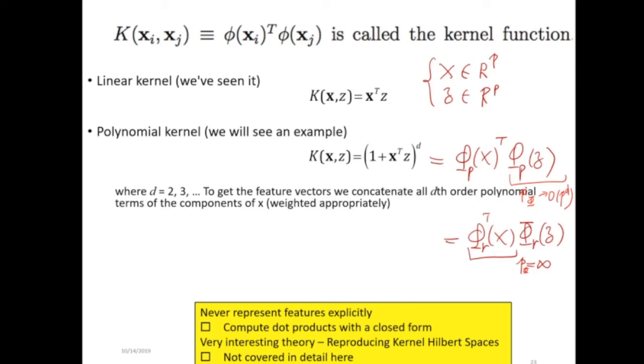I'm only doing an inner product of x and z plus 1, then taking it to the power d. Why is this good? Instead of having this explicit expansion of each x onto polynomial degree d, and then doing the inner product of phi(x) transpose phi(z), I'm just directly designing the polynomial kernel, the polynomial similarity, as 1 plus x transpose z, all to the power of d.